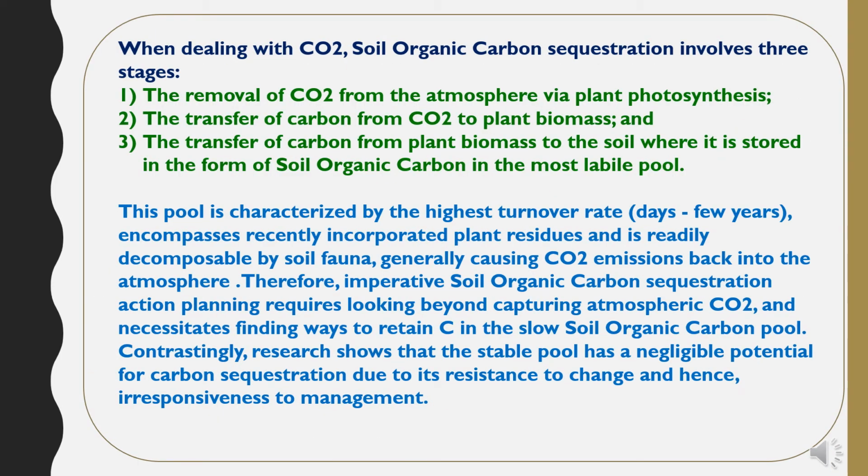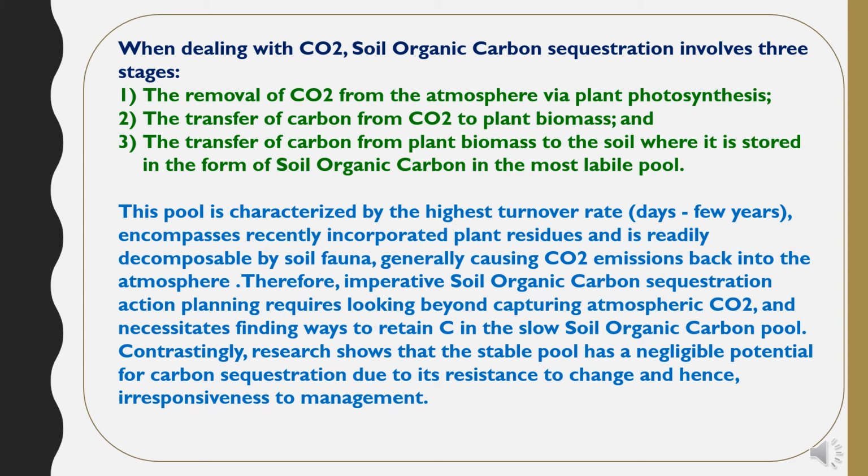When dealing with carbon dioxide, soil organic carbon sequestration involves three stages. First is the removal of carbon dioxide from the atmosphere via plant photosynthesis; second, the transfer of organic carbon from carbon dioxide to plant biomass; and third, the transfer of carbon from plant biomass to the soil, where it is stored in the form of soil organic carbon in the most labile pool.